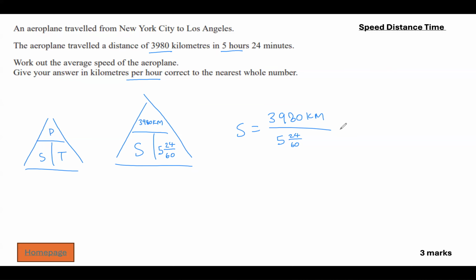And that's going to give us 737.037 kilometers per hour. It says give your answer to the nearest whole number. So our answer is going to be 737 kilometers per hour. Nice and easy, 3 marks. You just need to be very careful when you're making these little conversions.